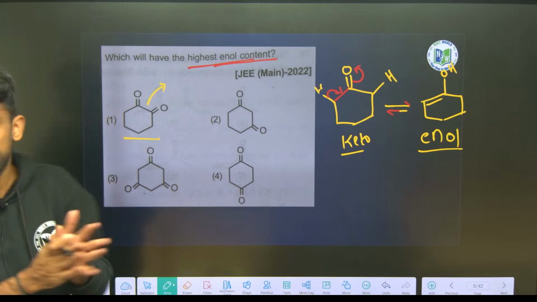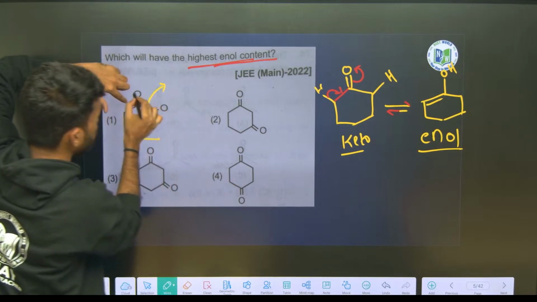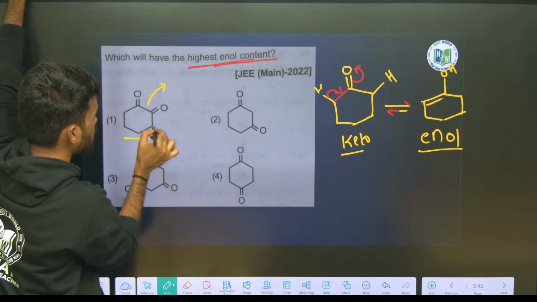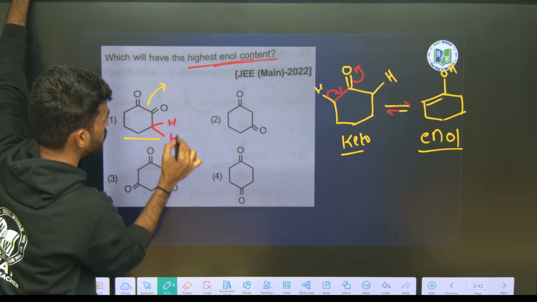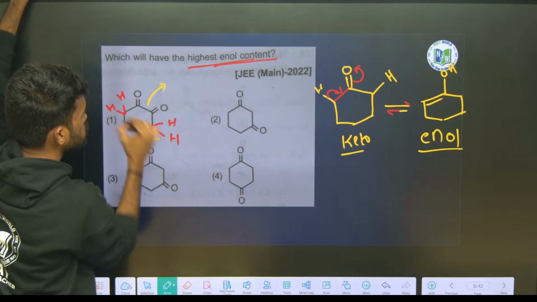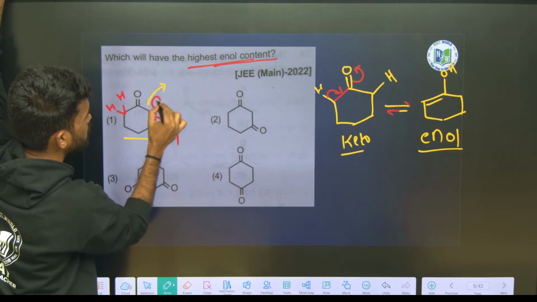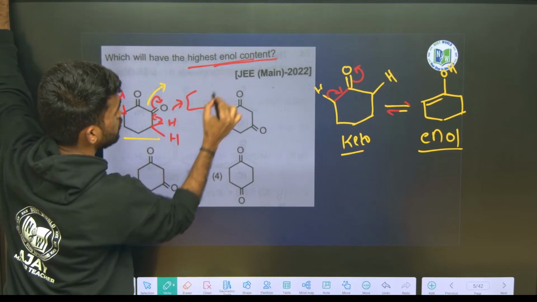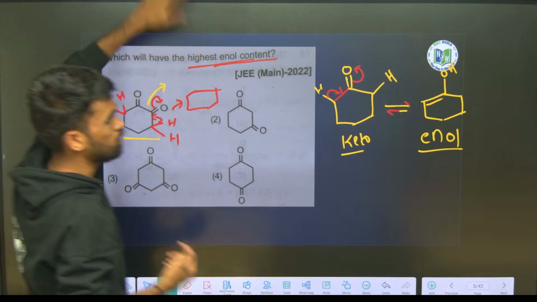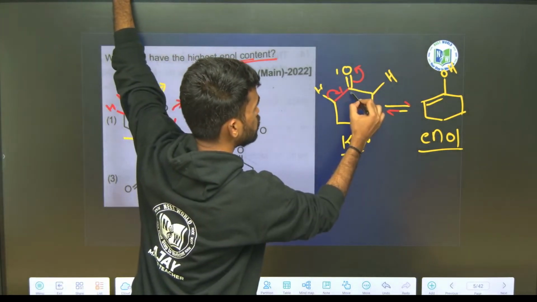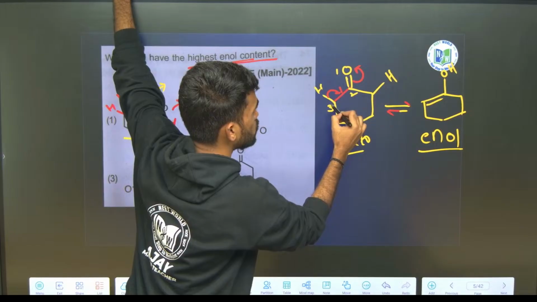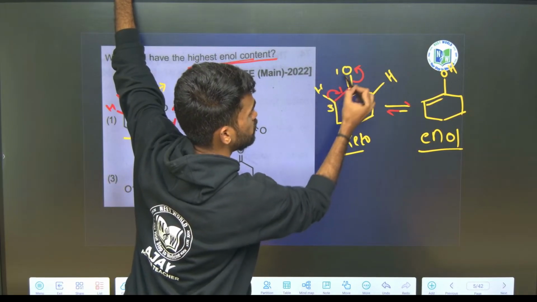Yeah, so tell me, see we have a double bond O now. What happens is these alpha hydrogens we have here as well as here. So one of these alpha hydrogens can be converted into enol by shifting. See, I can number this as 1, 2, 3, so from the third position the hydrogen is shifting to the first position.